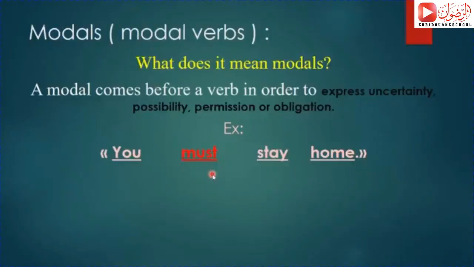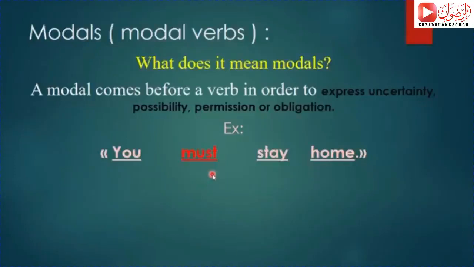When you hear the sentence you stay home, it sounds like something normal, more natural. But when we say you must stay home, it means you are obliged, or it's necessary for you to stay home.